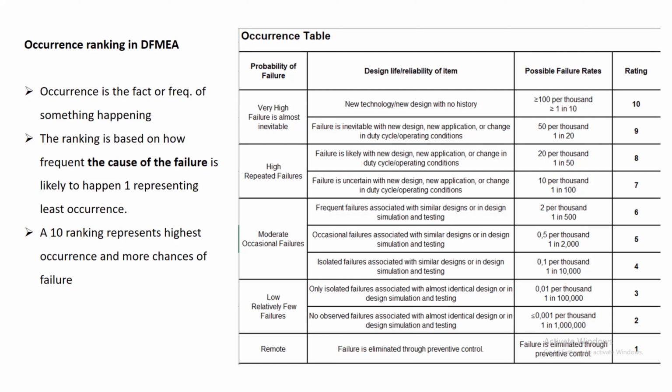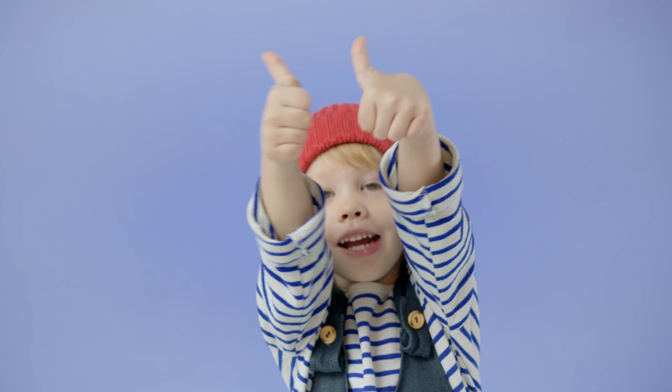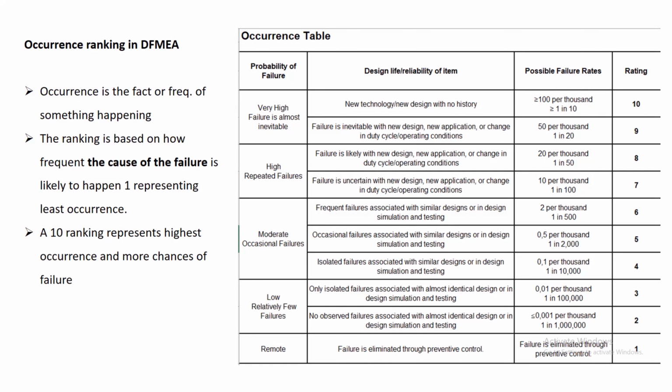So when we rate low, these failures are prevented well so that the frequency of occurrence is reduced. This is important to understand because when we develop an action plan, these are the criteria we have to look into. When we look into the moderate or occasional failures, it states the frequent failures associated with similar designs or simulation and testing.